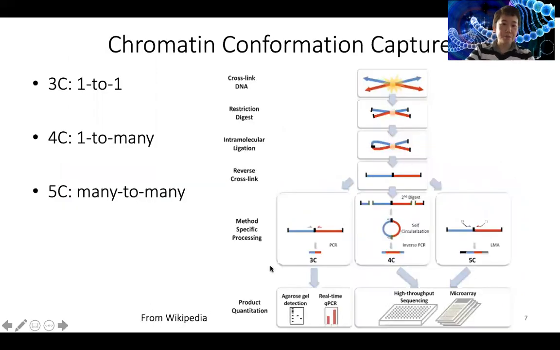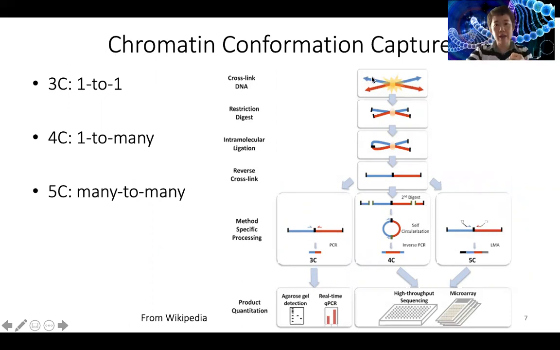And so in order to really look at the chromatin interactions, there are techniques developed. The early technique is called chromatin conformation capture, or 3C, right? So you can imagine if there are chromatin interactions.